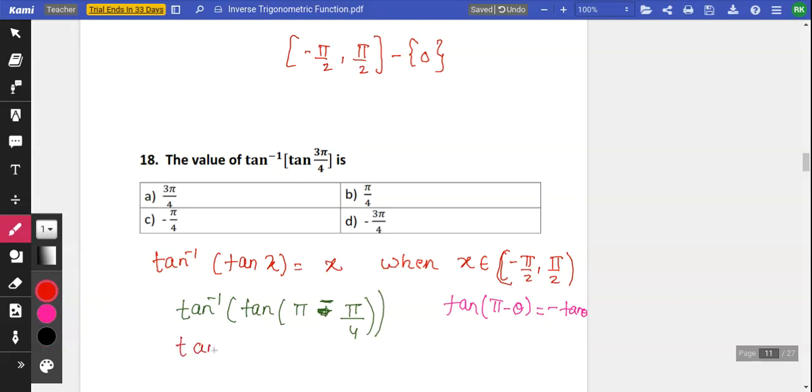So tan of pi minus pi by 4 is minus tan pi by 4.